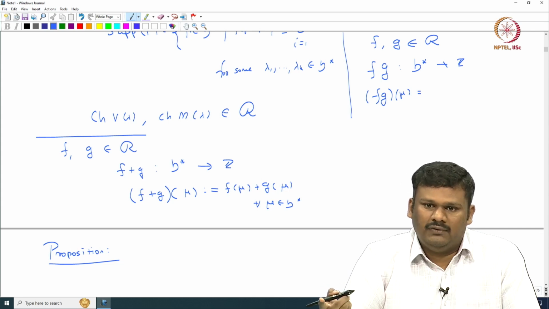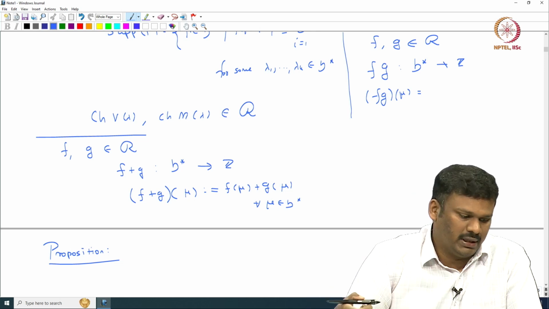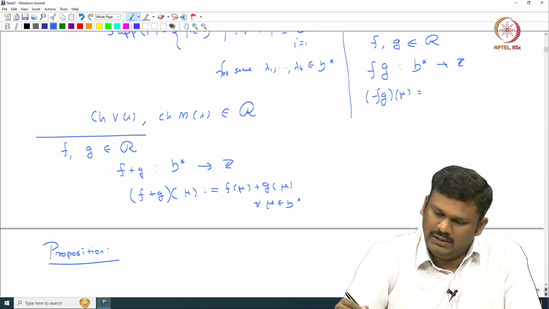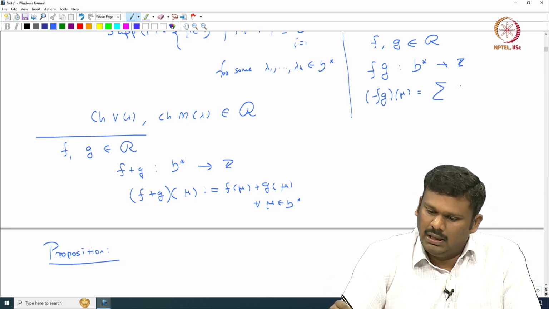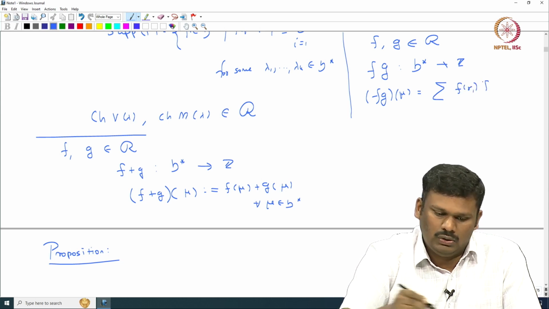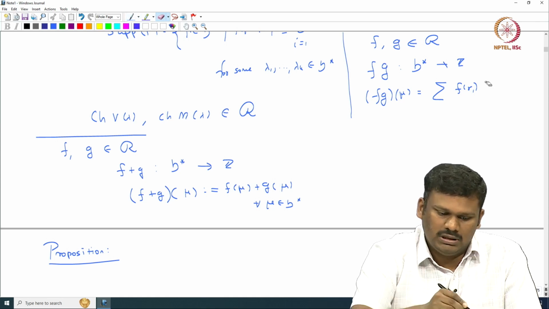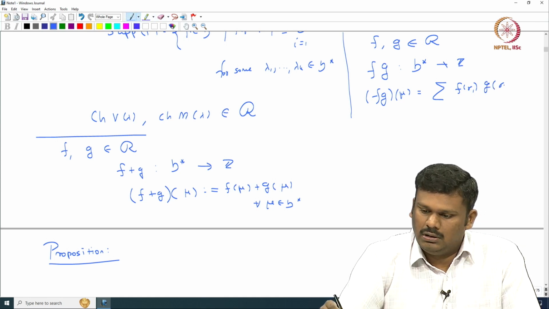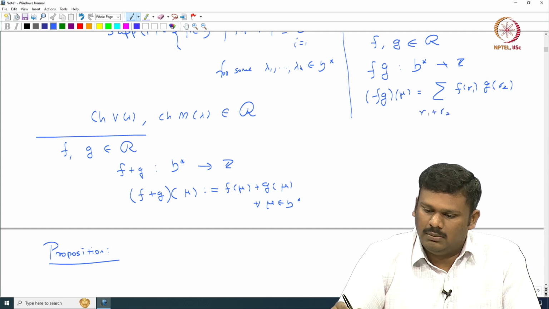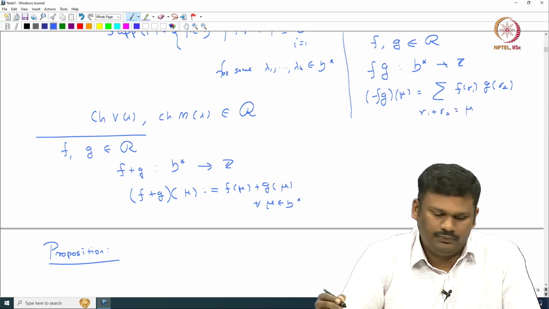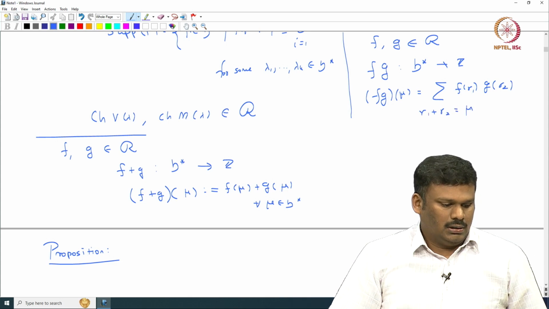Because of that, we actually get the convolution product here. So, it is defined to be the summation of f of gamma 1 times g of gamma 2, where gamma 1 plus gamma 2 is mu.